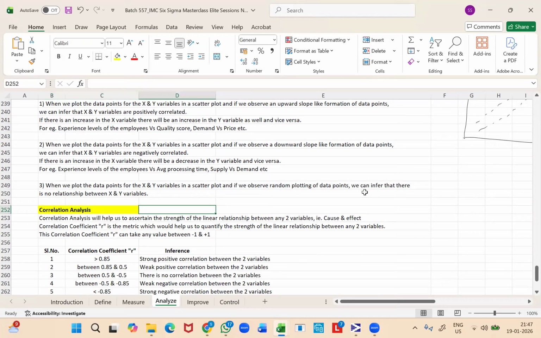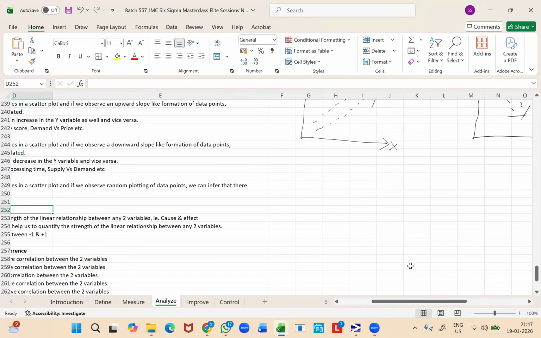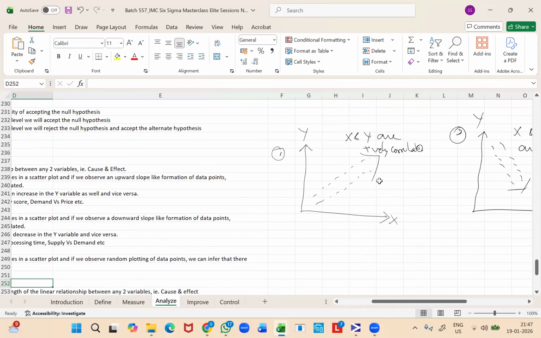So correlation analysis will help us to ascertain the strength of the linear relationship between any two variables. So what would you call as linear relationship? Suppose in a scatter plot, you have the slope-like formation of the data points, then the relationship will be considered as linear, right? So you can get different shapes and different formats of the plotting of data points.